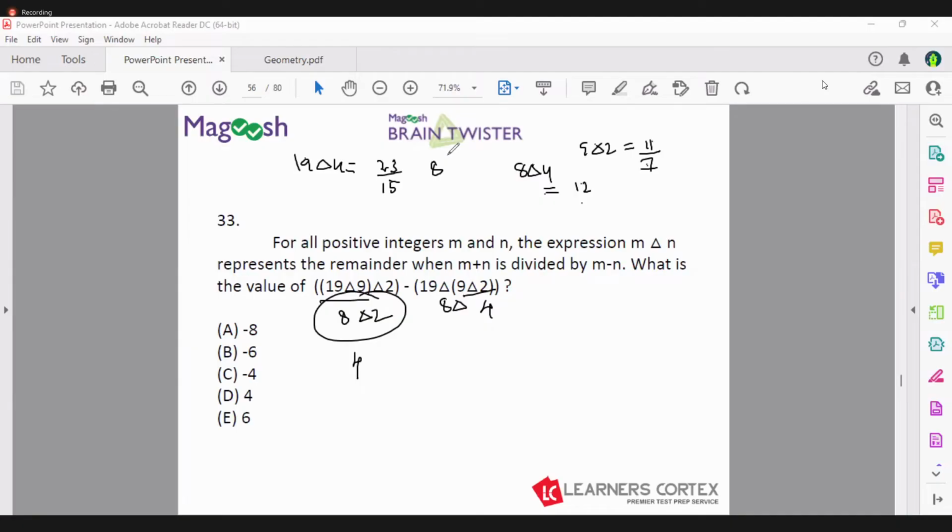It's 19 triangle 4, sir. Right. It is 19 triangle 4. So 19 triangle 4 becomes 23 over 15, which is 8. So 8 would be here. The answer for this expression would be 8. So 4 minus 8 is 4 minus 4. So that would be the answer.